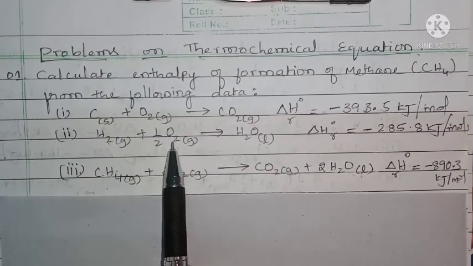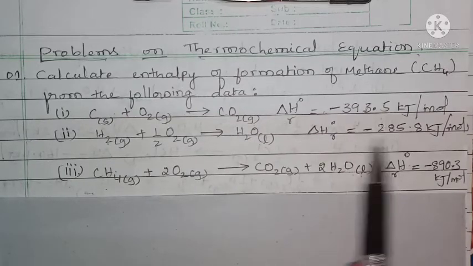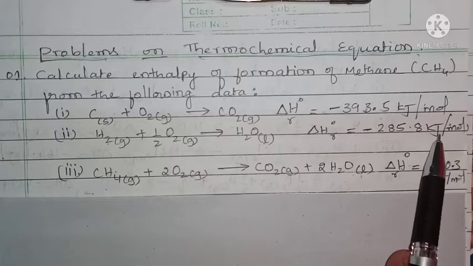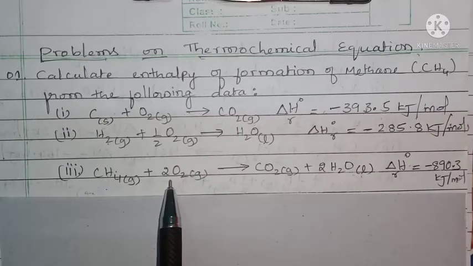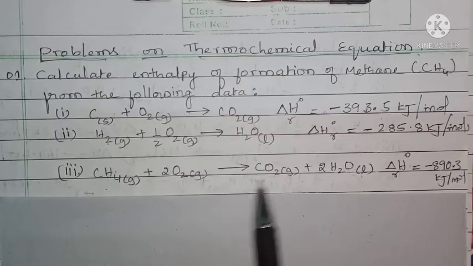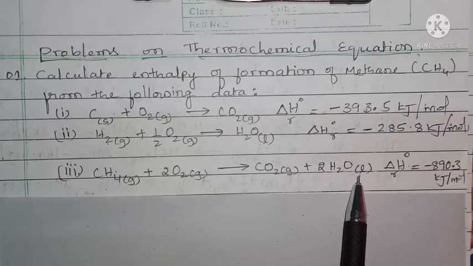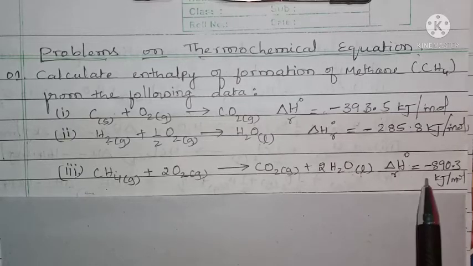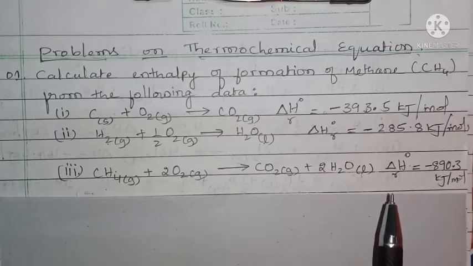Hydrogen plus half mole of oxygen gives H2O liquid, enthalpy of reaction is minus 285.8 kilojoules per mole. Third one, methane plus 2 oxygen gives carbon dioxide and 2 moles of liquid water, and the enthalpy of the reaction is minus 890.3 kilojoules per mole.